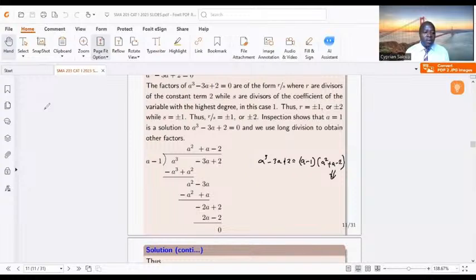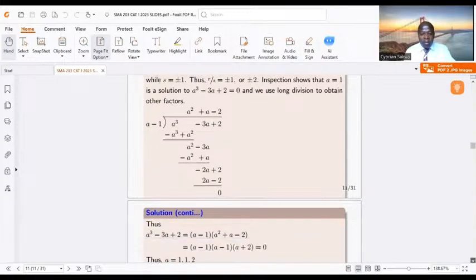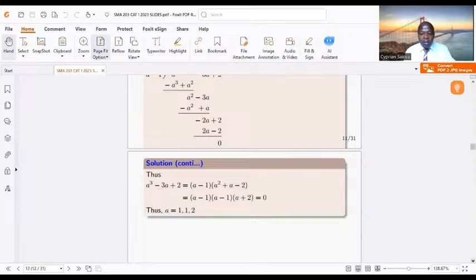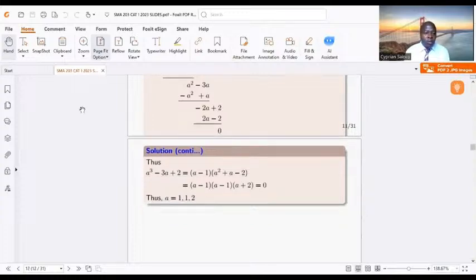Let me take you to what I wrote after that, because I know at your own time you know how to factorize this. But of course, I've factorized it for you also, so that you just confirm. I say that this part is also the same as this when you factorize.